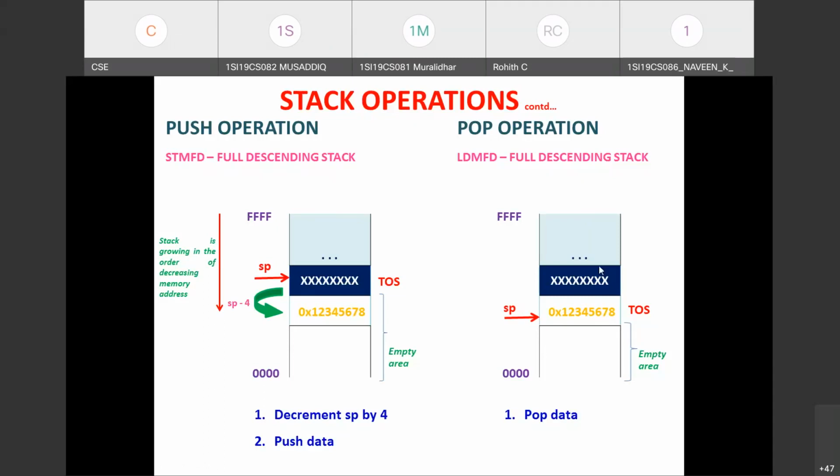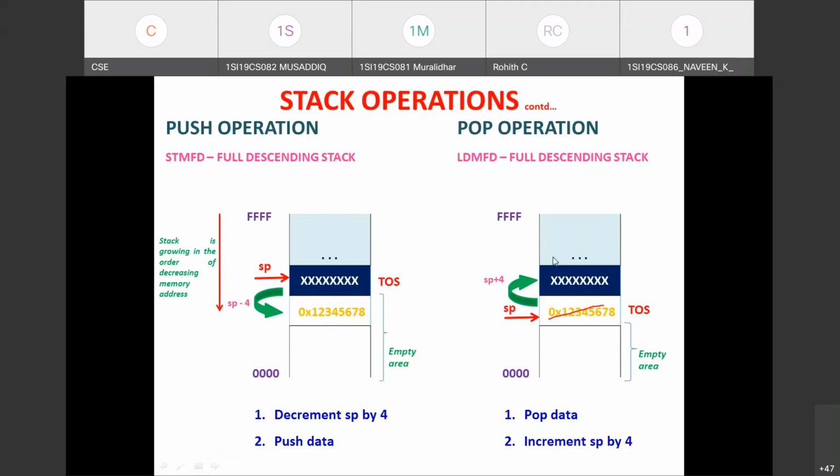See here, it is a descending stack. To perform insertion, we decrement. But since it is a pop operation, after removing this data we just increment the stack pointer by 4, and then SP will be pointing to the next element that is to be removed from the stack.